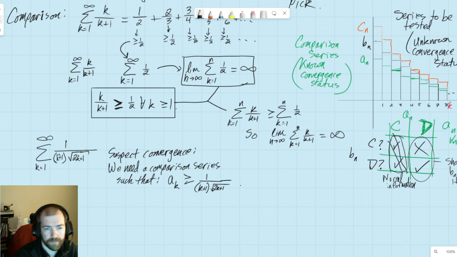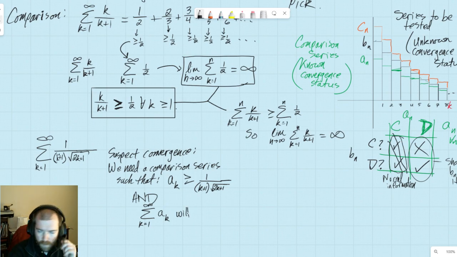And the sum, as k goes from 1 to infinity, of a sub k will converge.